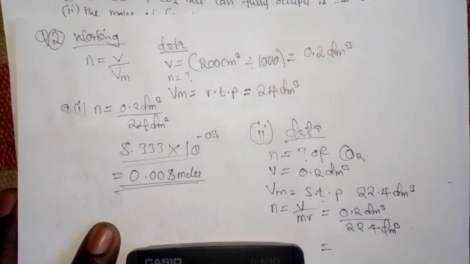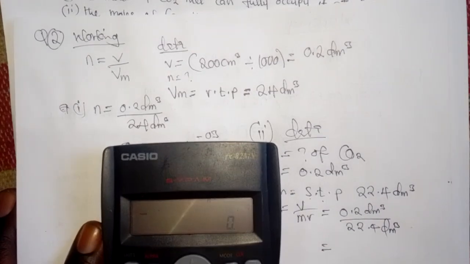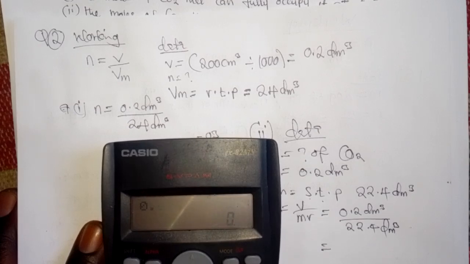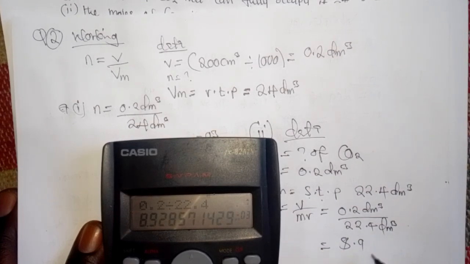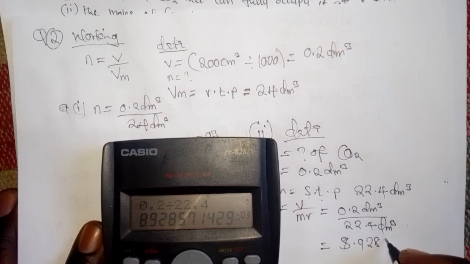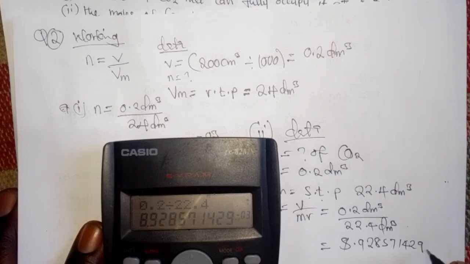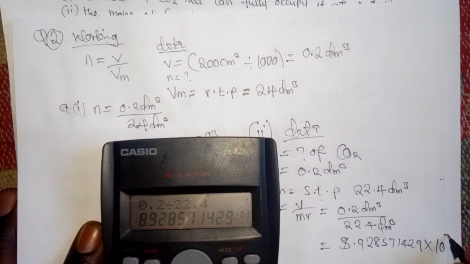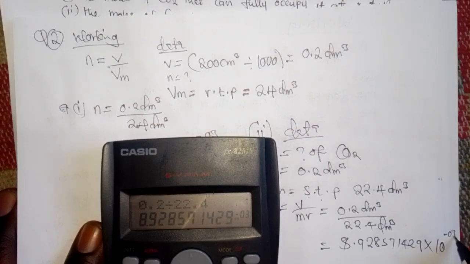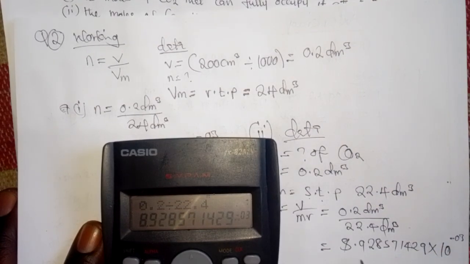When we divide, 0.2 divided by 22.4, our answer is 8.928571429 times 10 to the power of -3.